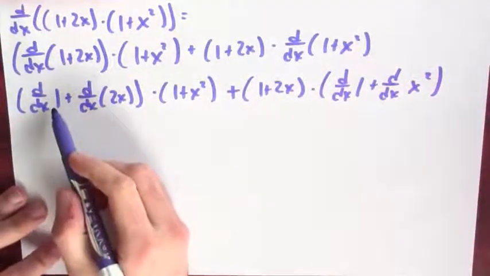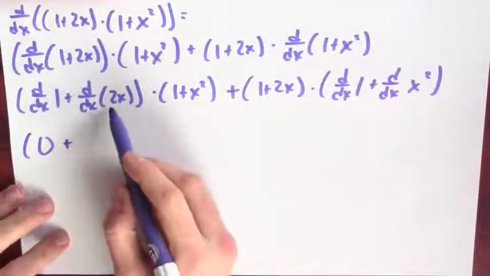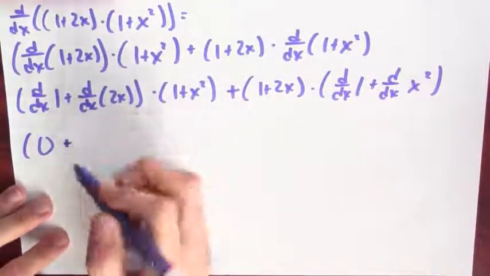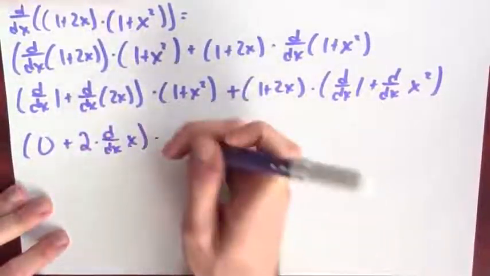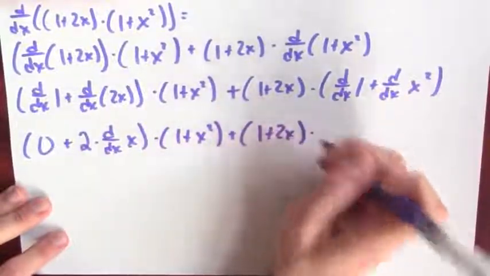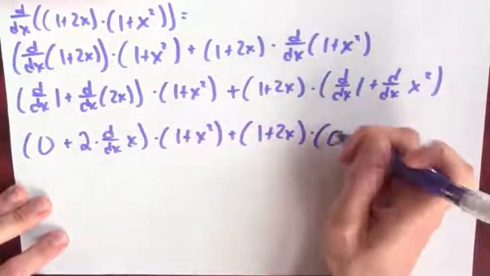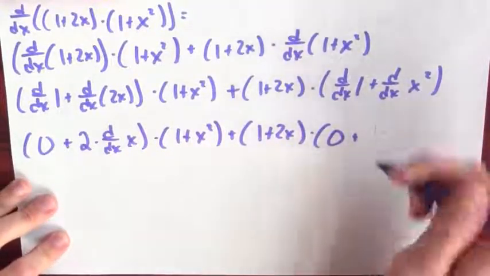Now the derivative of 1, that's the derivative of a constant function, that's just 0. This is the derivative of a constant multiple, so I can pull that constant multiple out of the derivative. Times 1 plus x squared plus 1 plus 2x times the derivative of 1 is 0, it's the derivative of a constant, plus the derivative of x squared is 2x.